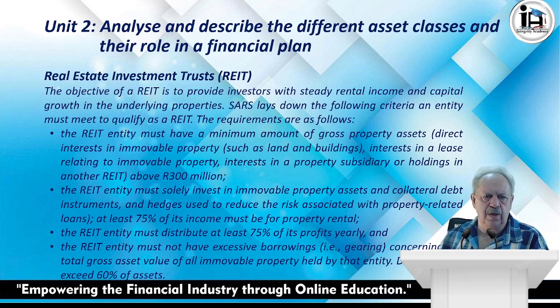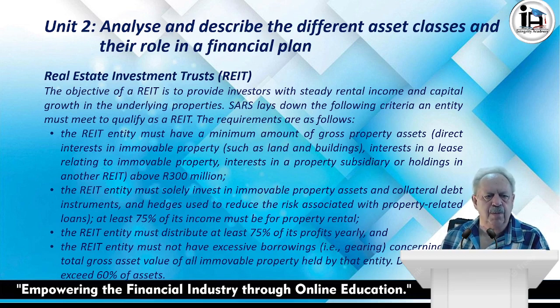SARS, the South African Revenue Service, laid down the following criteria an entity must meet to qualify as a REIT. The requirements are as follows. The REIT entity must have a minimum amount of gross property assets, including direct interest in immovable properties such as land and buildings, interest in a lease relating to the immovable property, interest in a property subsidiary or holding in another REIT, above 300 million.